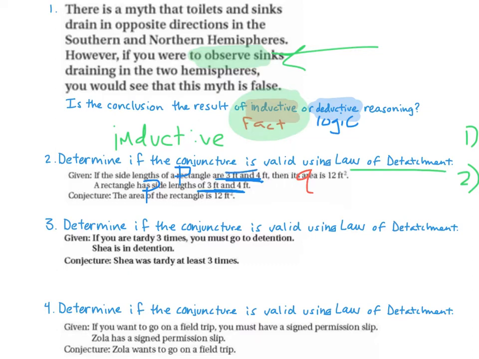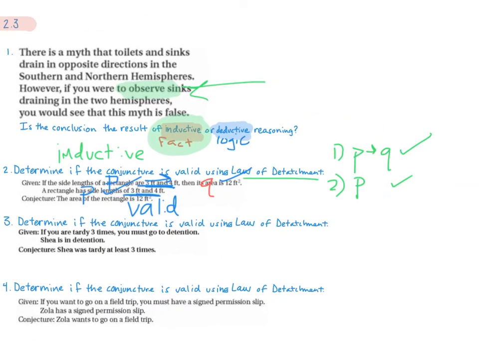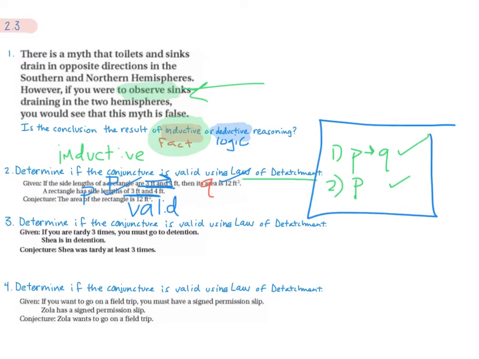So we have P then Q, check, and P, check. So therefore, we can conclude that the conjecture, the area of the rectangle is 12 feet squared, is valid. So remember, we just need these two things to be given to us, and then we can say that the conjecture is valid.